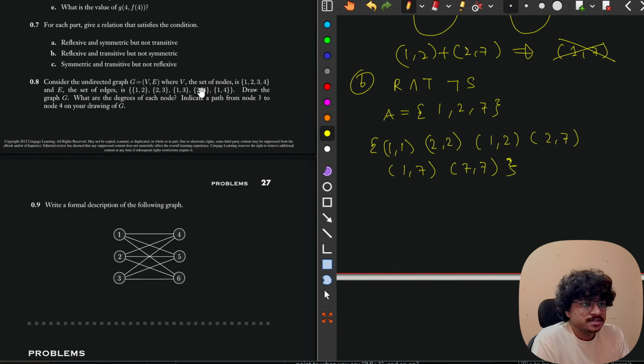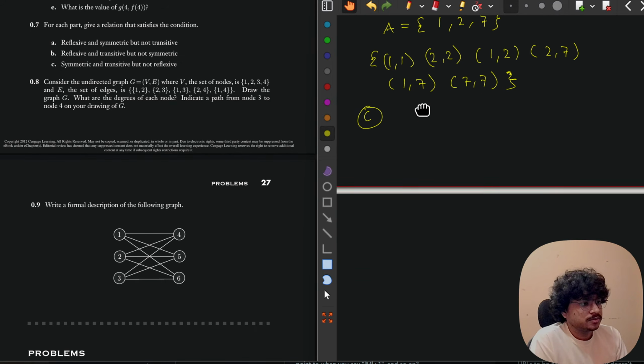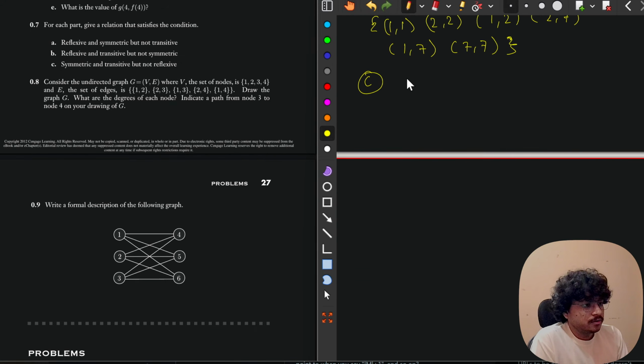Now symmetric and transitive but not reflexive. Let's make this relation. This should be symmetric and transitive but not reflexive. Let's take the same example of 1 to 7.